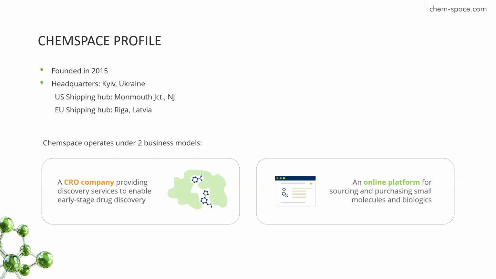Another business which we run, we operate as an online platform for sourcing and purchasing small molecules and biologics. We build customizable solutions for our customers to simplify the purchasing process of small molecules for their discovery projects.